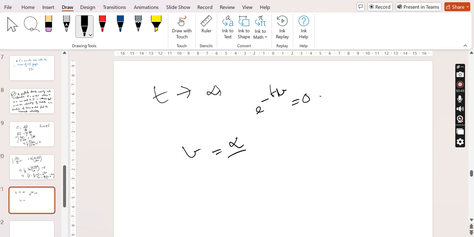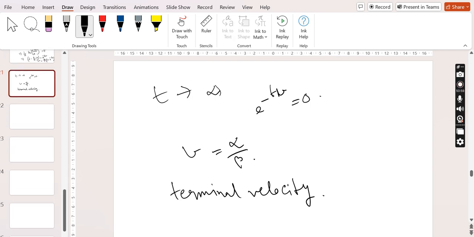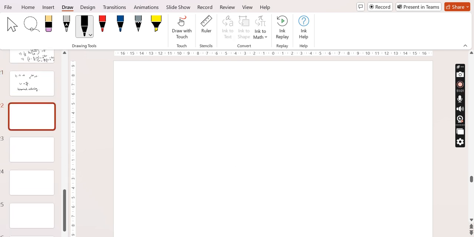So v will be only alpha by beta. This is terminal velocity. So this is a type of question which is basically a mathematical question, basically an integration, nothing else. You just need to know how to do the integration.